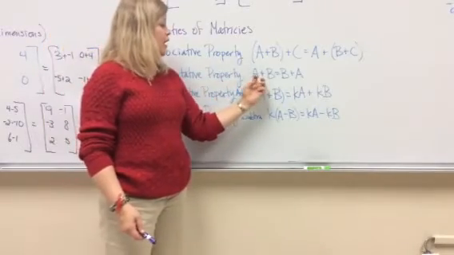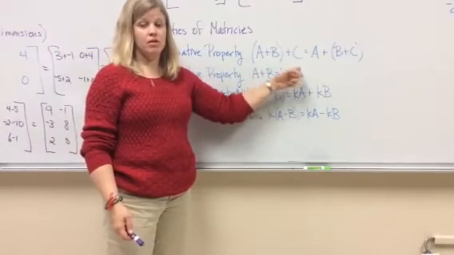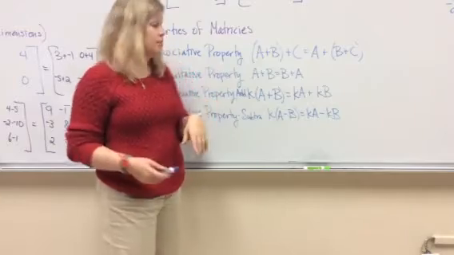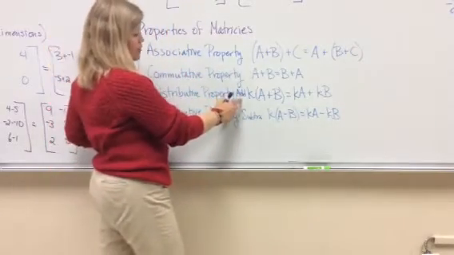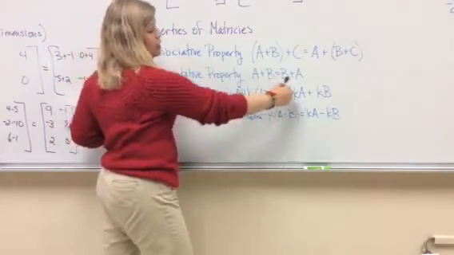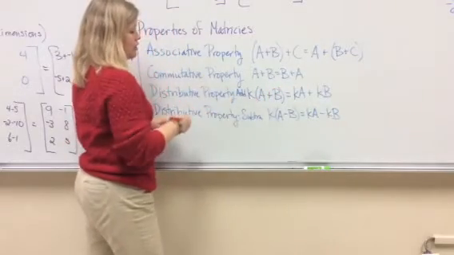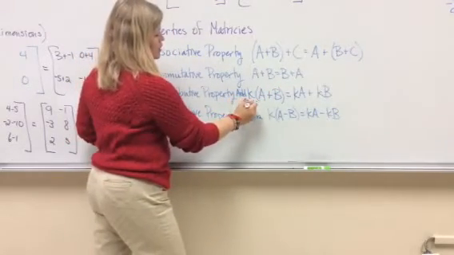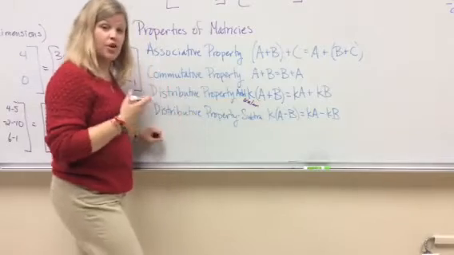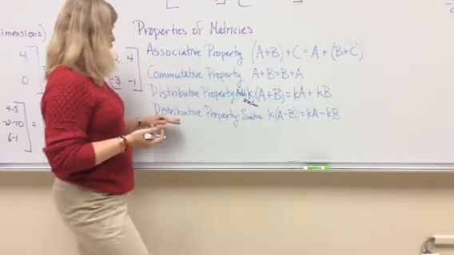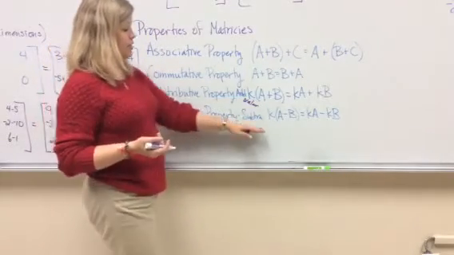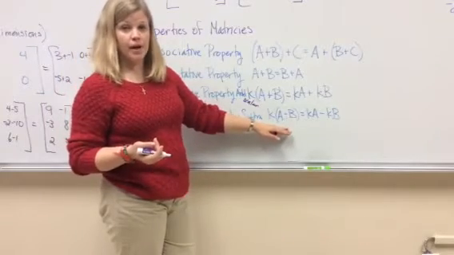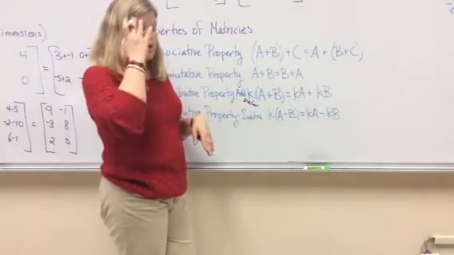Commutative, A plus B, you could add it as B plus A. It'll give you the same thing. Distributive property for addition, you've got the number out in front, distributed. That's your scalar, which is just a fancy word for a number, a scale factor. And then you've got the distributive property of subtraction, same thing, okay? So hopefully this isn't stressing you out, all right?